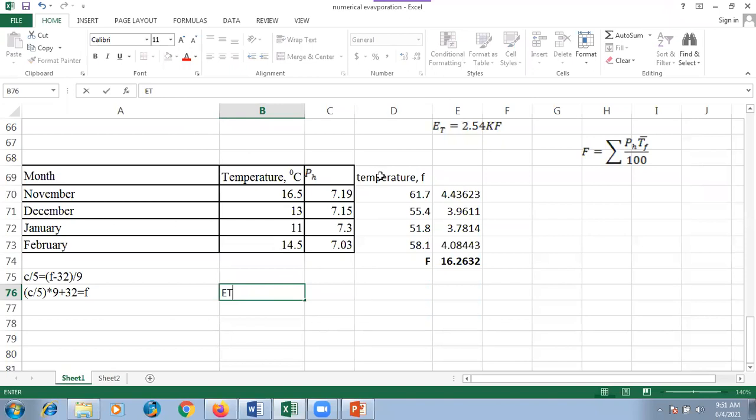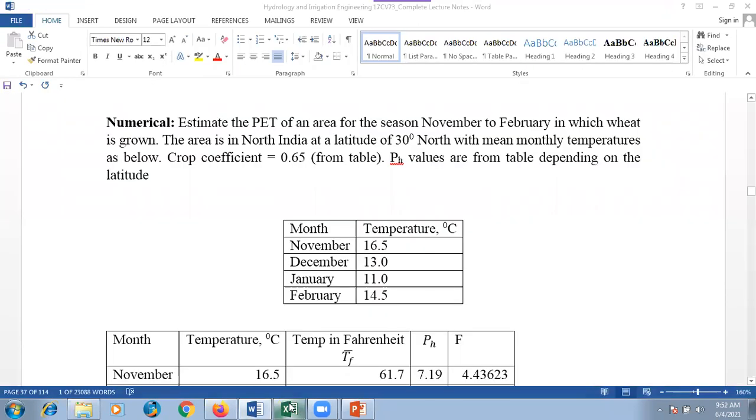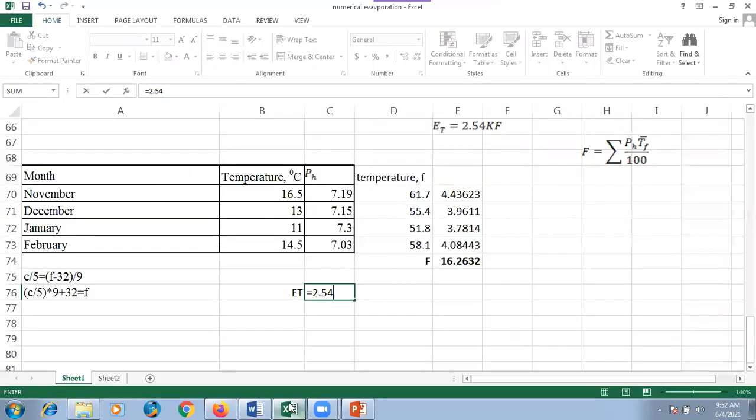will be equal to 2.54 into K, where K is 0.65, into F, which you have calculated as 16.2632. So many mm is the value.